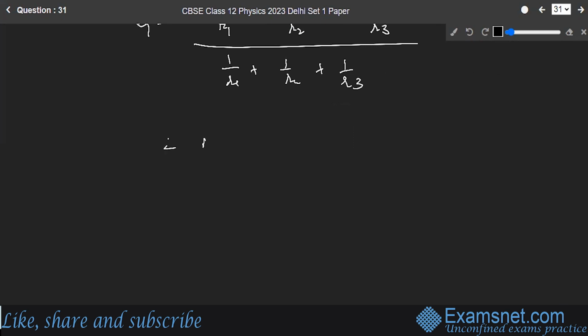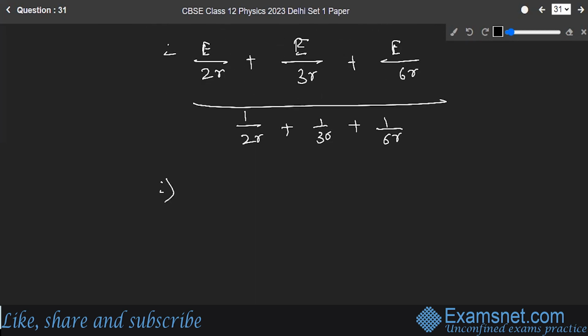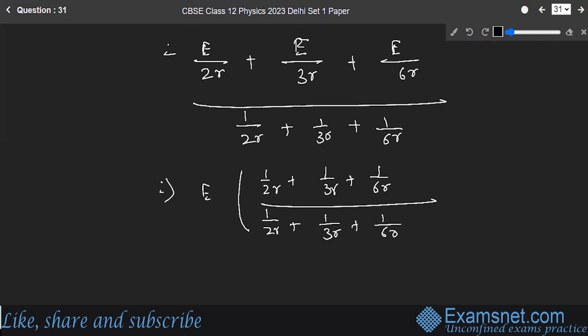So this is 2r, 3r and 6r. Okay. So now let's take the LCM first of all. This will be E. This can be written like this. So this is equal to E only. So that means the equivalent EMF of the cells in parallel is equal to E.